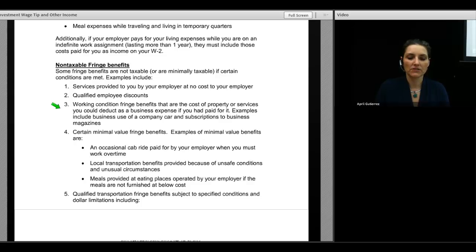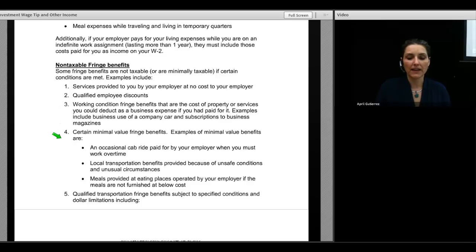Examples include business use of a company car and subscriptions to business magazines. So earlier we said a taxable fringe benefit includes personal use of a company car, but business use of a company car is a tax-free fringe benefit. And the reason it's tax-free is that if you used your own car, you would be allowed to deduct the cost of operating it for business purposes.